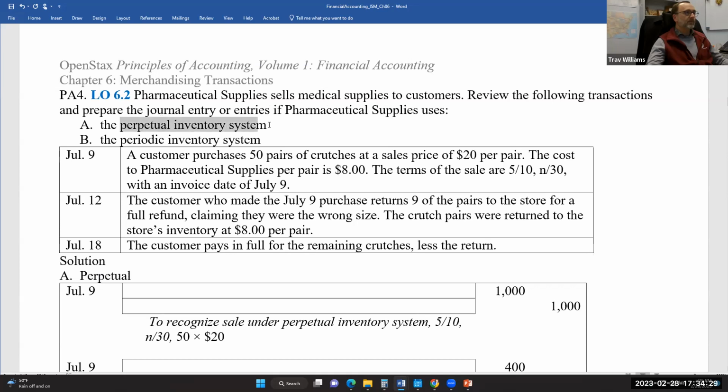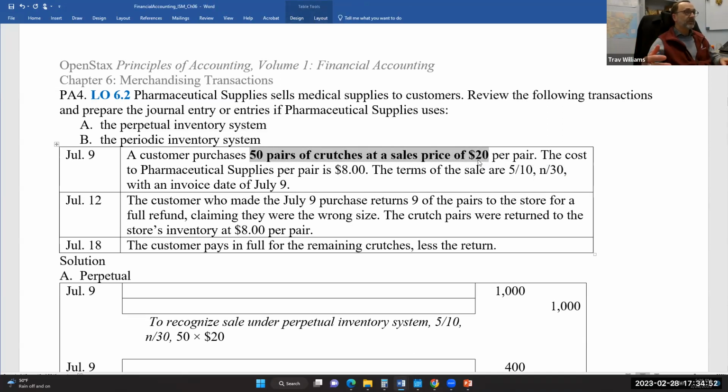So first we're going to use perpetual for part A, and we'll use periodic for part B, just for practice, right? Companies would really only use one or the other, but for this problem, we're going to use both. Okay, perpetual inventory, a customer purchases 50 pairs of crutches at $20 each. Obviously, we are the seller in this scenario.